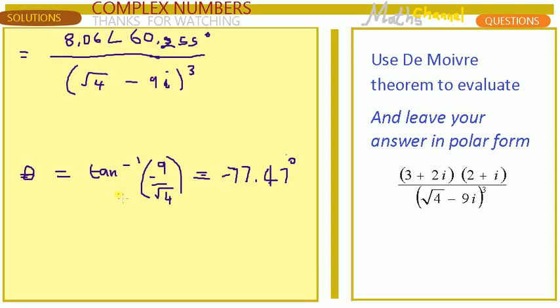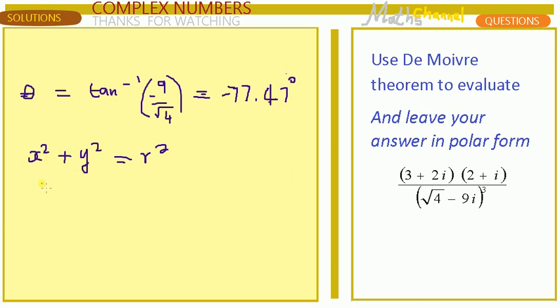So we have the angle, and let's check the radius using Pythagoras theorem. These are the basics of how to find the polar form.